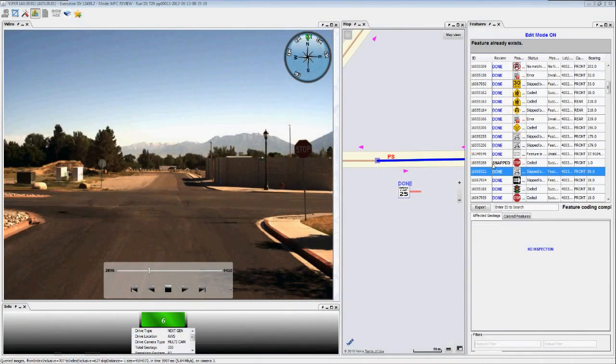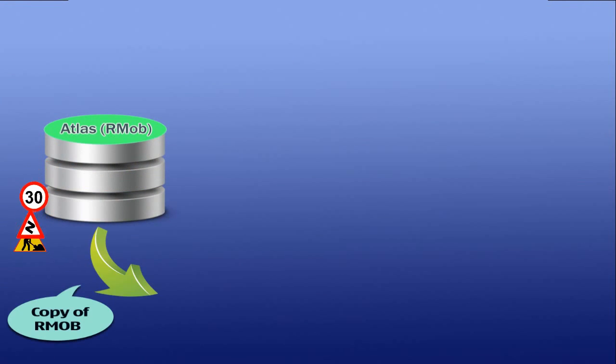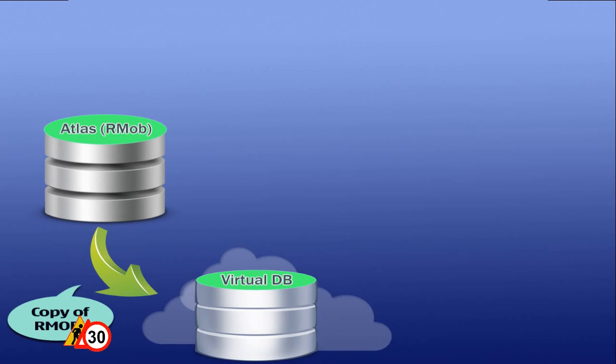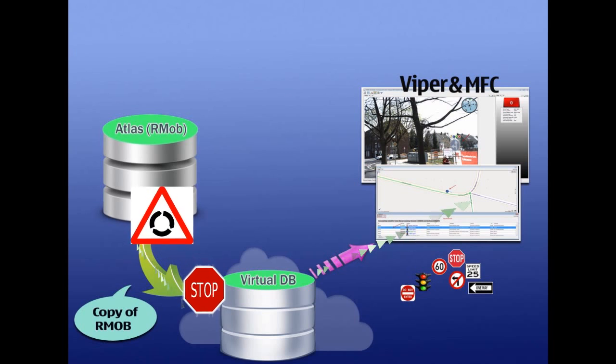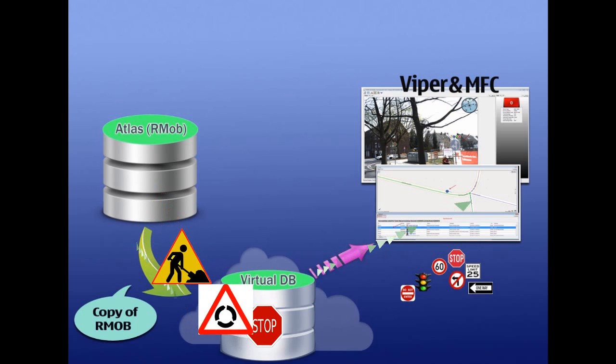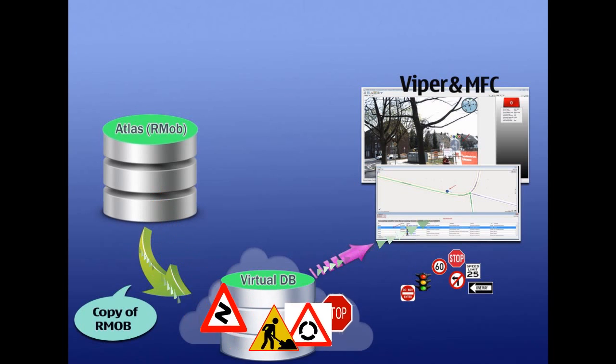MFC is another intelligent system which has an inbuilt logic and currently codes in a virtual database. In this database, it checks for the existence of a sign and also performs automatic coding of the sign.